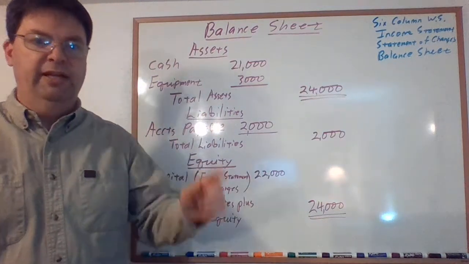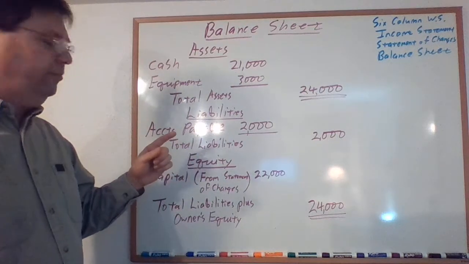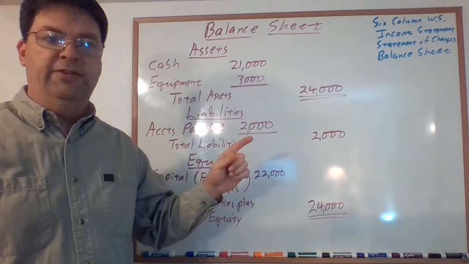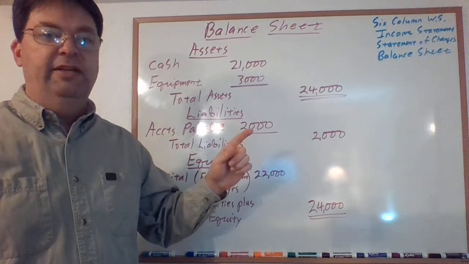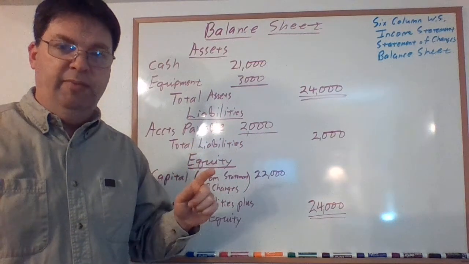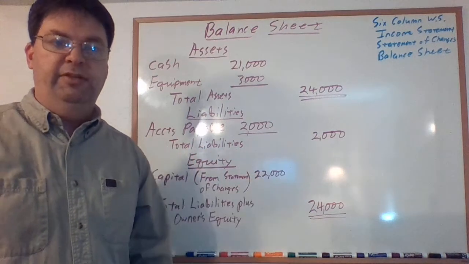Now we're going to look at our liabilities. We've labeled that, and our accounts payable right here, we owe $2,000. So bankers want to know, how much money are you in debt? It turns out we're $2,000 in debt. We might have lots of accounts payable. In this case, we just have one, and the total would be $2,000.